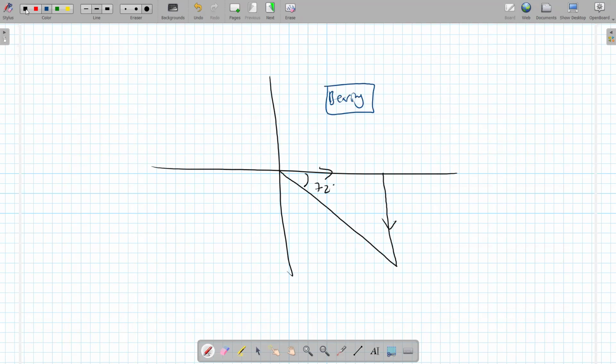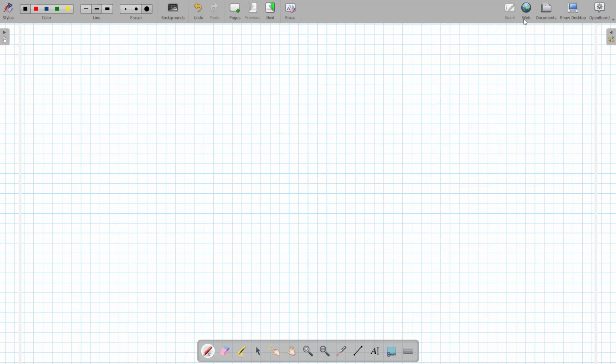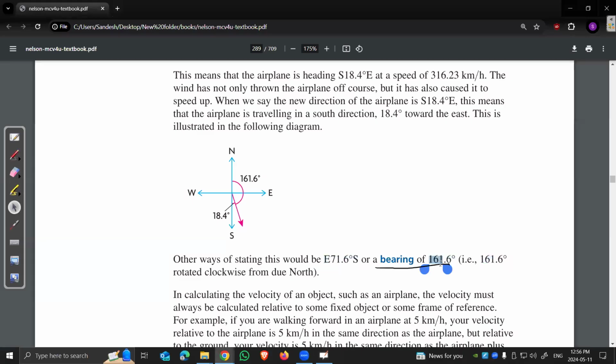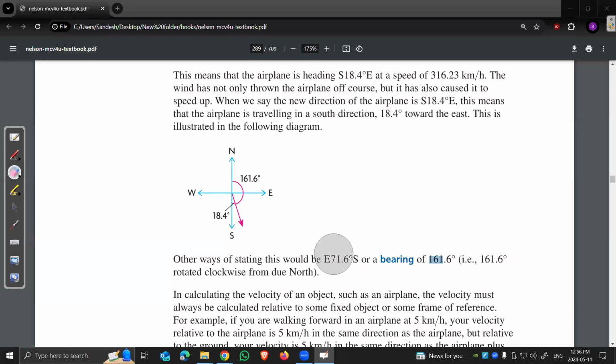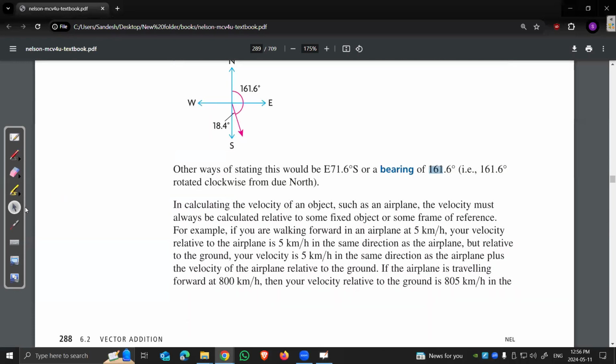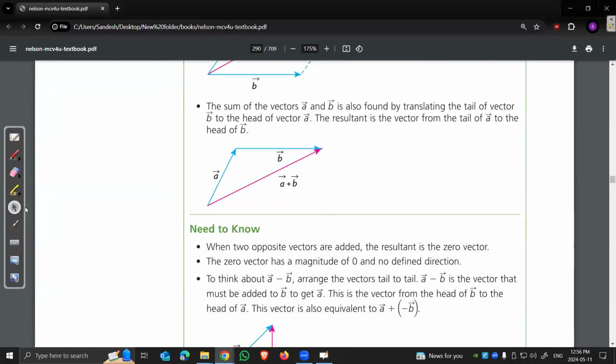Bearing always comes from the vertical, from this direction. So what's our bearing going to be here? That's going to be 90 plus 72, 161.8 or 162. That's what they have here. Bearing is always from the vertical. Did that make sense?